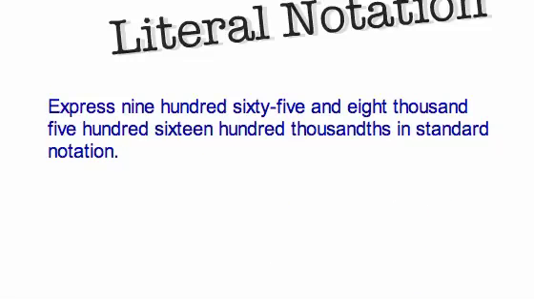Express 965 and 8,516 hundred thousandths in standard notation. So 965 is 965, and "and" is the decimal place. 8,516. If you want, you can put a little space here.